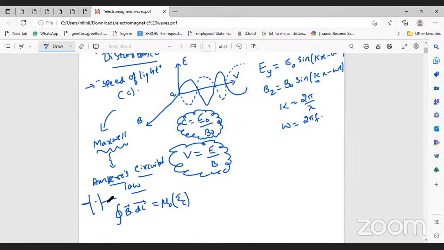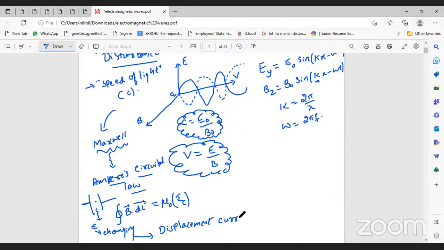So in order to correct that, between these two plates, the electric field keeps on changing. Whatever the time varying electric field is there between these two plates, that time varying electric field is going to create another current. That current is what we call the displacement current.